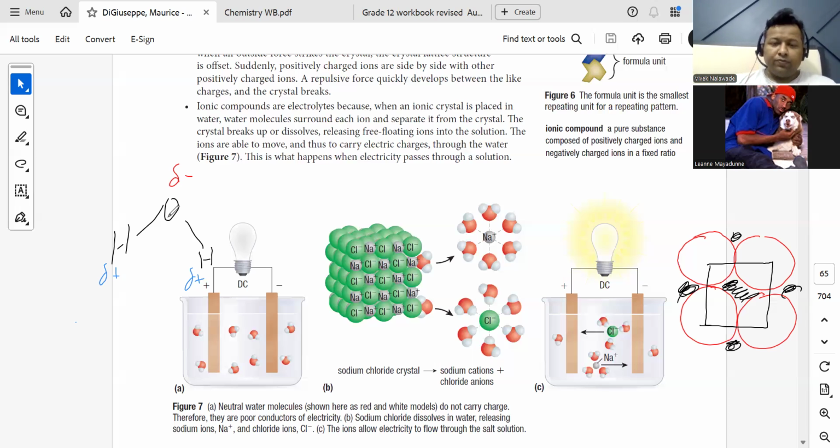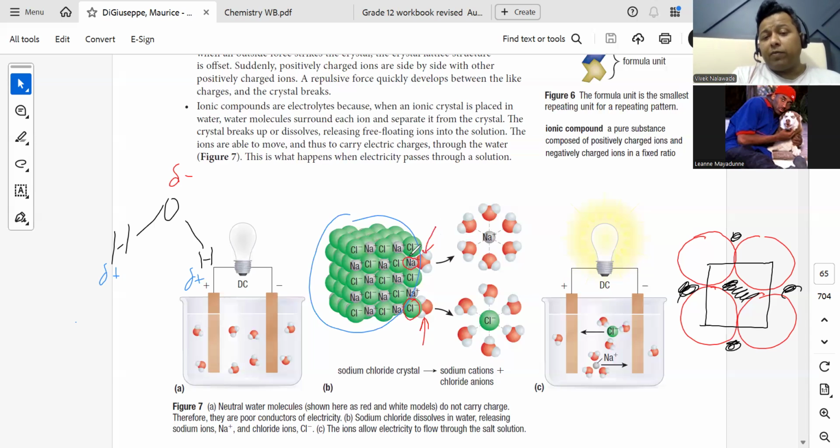Now, when your crystal, that is sodium chloride, the ionic compound, is dissolved in water, what happens is the chlorine, which is negatively charged, is attacked by water. The cations, which are positively charged, are also attacked by water.